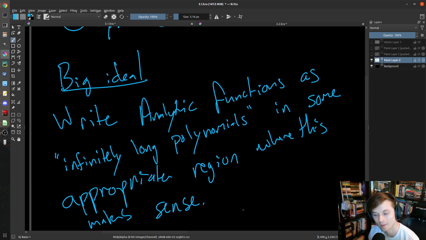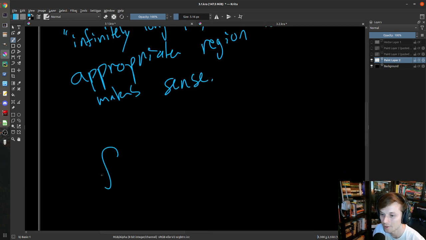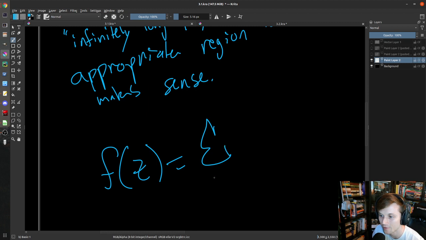Then, after we discuss how to do this, we're going to talk a little bit about some mild extensions. That is, we might want to write some function f of z in terms of some infinite series, say k equals 0 on out, of some, I'll just write it like this.